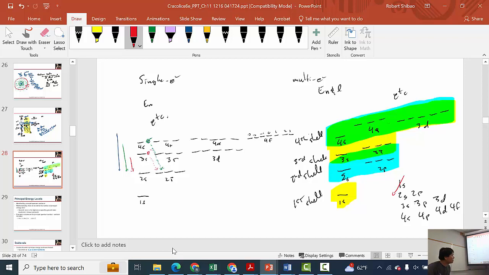So the first shell is just 1s. The second shell begins with s, so it goes 2s, and then it goes to 2p, and then stops there. The next shell begins with 3s, and then goes to 3p, and then stops there. And the next shell begins with 4s, and then we go to 3d, 4p, and then stops at 5s here.